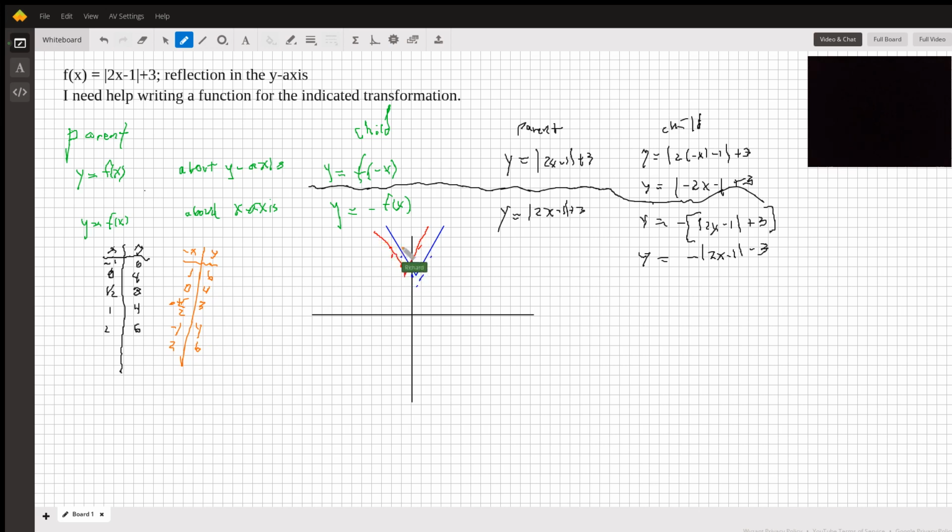I just think it's important to understand visually what's going on and not just be like a robot and just plug this in. All the question's asking for is the algebra, which is fine, but I think having the visual context here is also very helpful. So that's why I was doing this.